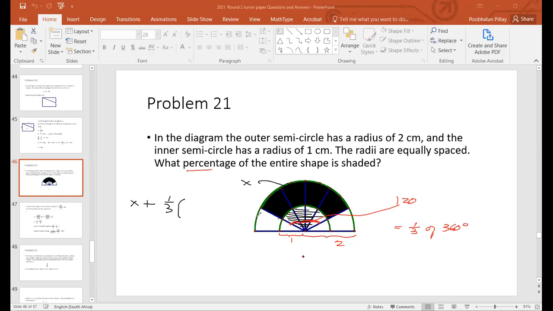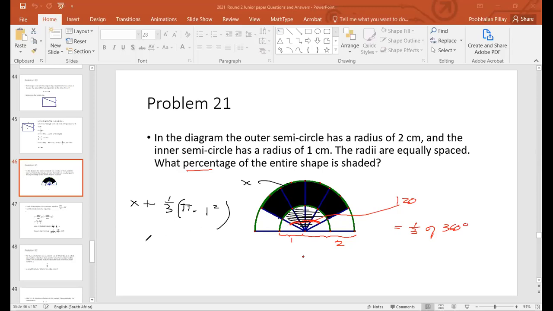The area of the circle we know, because it's pi times its radius, pi times 1 squared, pi r squared is the area of a circle. And this part here is 1/3 the area of the full circle. The area of the full circle is not drawn, but because it's 120 degrees, then it's 1/3 the area of the full circle.